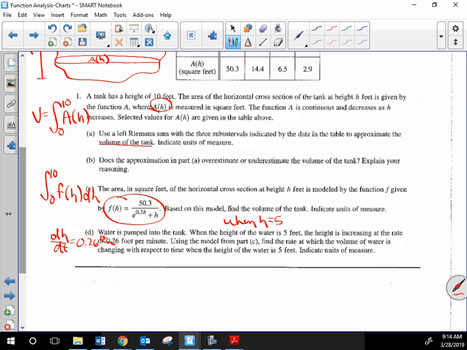And then it says using the model from part C, so we're using our function here, find the rate at which the volume of water is changing. So we want to find dV dt when the height of water is 5, so dV dt when h equals 5. Okay, so that's what we're trying to do for each of these components. So let's go and take a look at our framework.